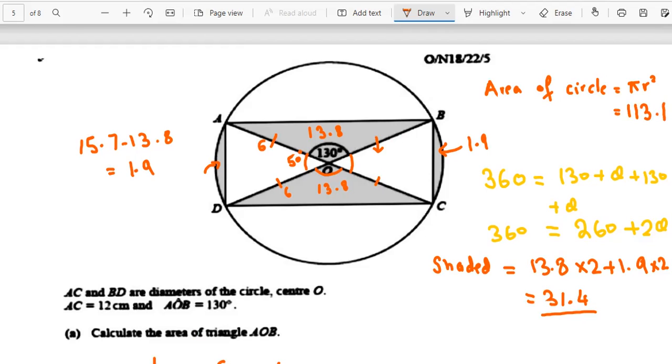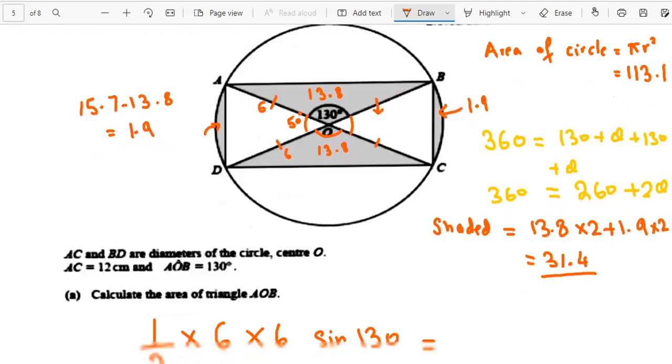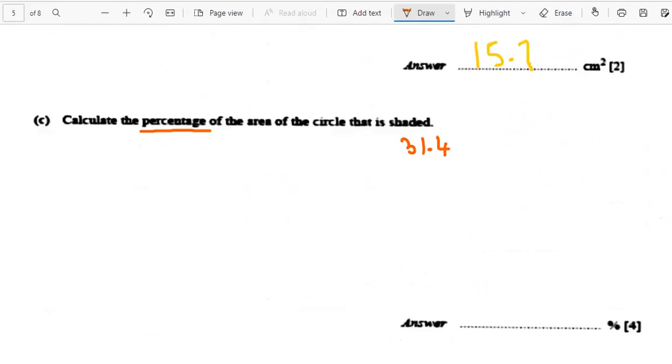And then you can divide 31 from that. Okay, tell me exactly. How do I do it? Okay, you divide 31.4 by 113. Very good. And then? And then multiply that by 100.